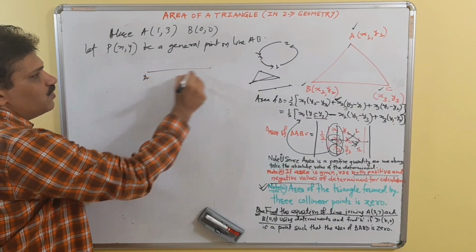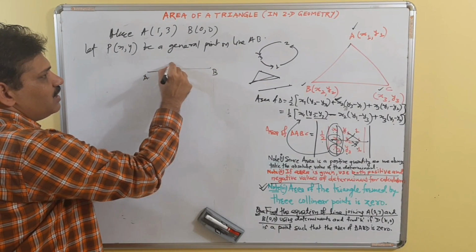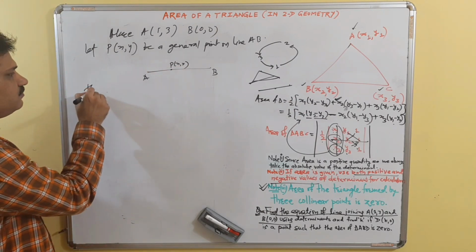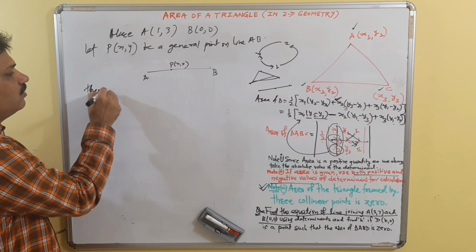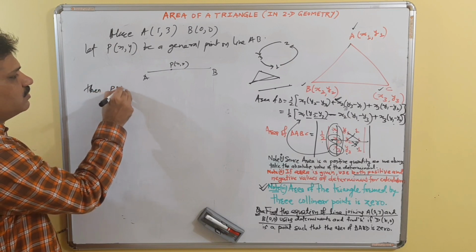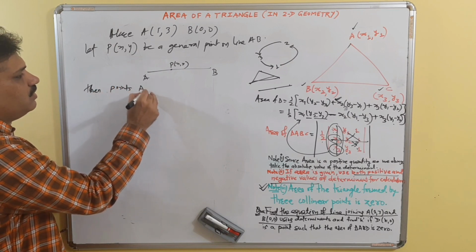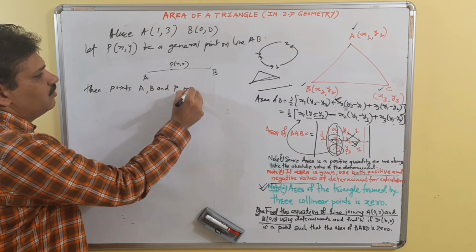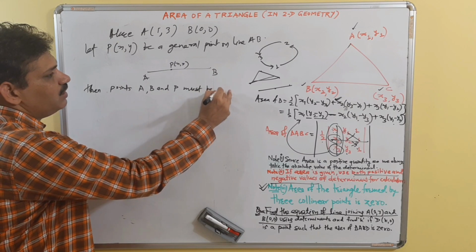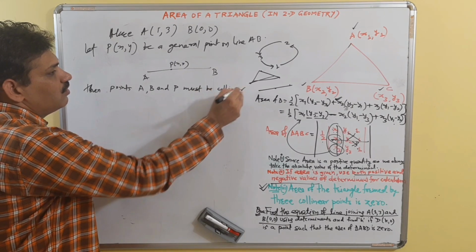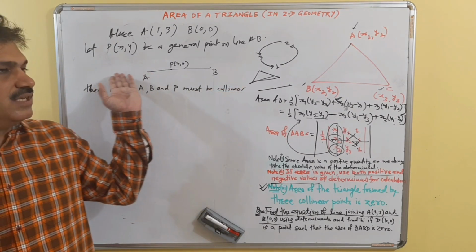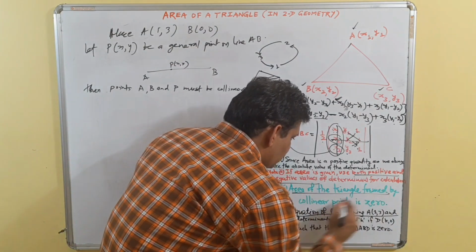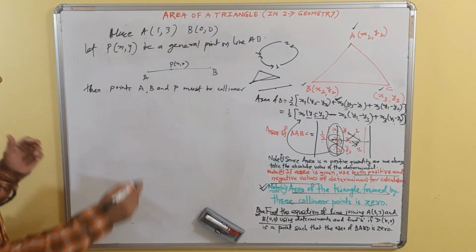Simply, if A is this point and B is this point and P(x, y) is on the line, then the points A, B and P must be collinear. If P is any point on line AB, then these are collinear, and if 3 points are collinear, then the area of the triangle must be 0.